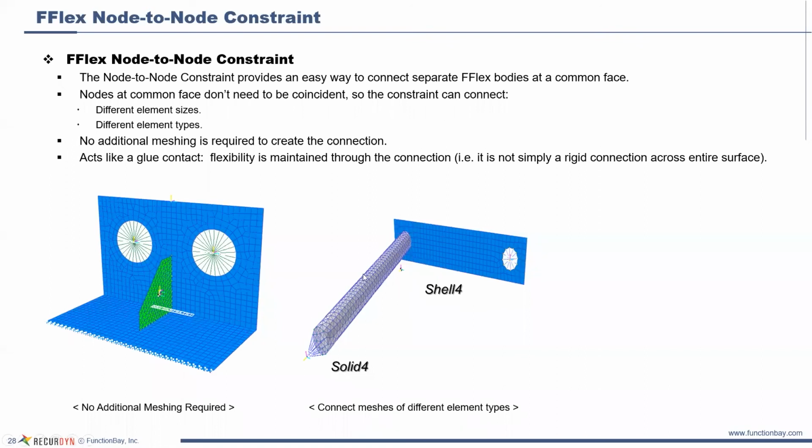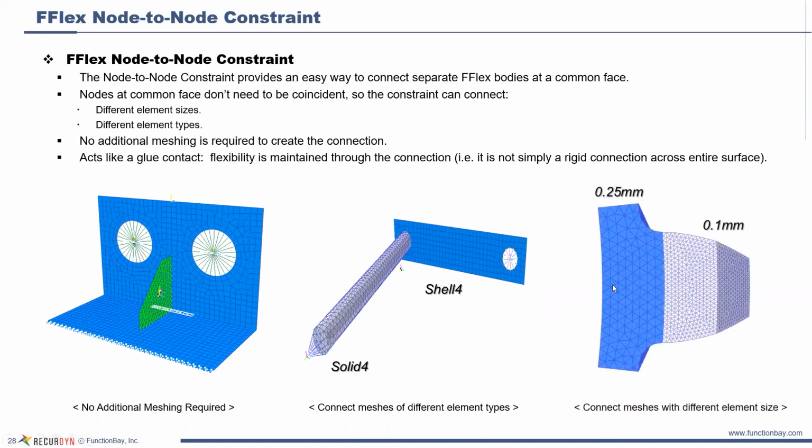Here's another type showing that you can connect solid type and shell type elements together. And here's another situation where if you have large elements in one mesh and smaller elements in another, you can easily connect those together at this shared face.